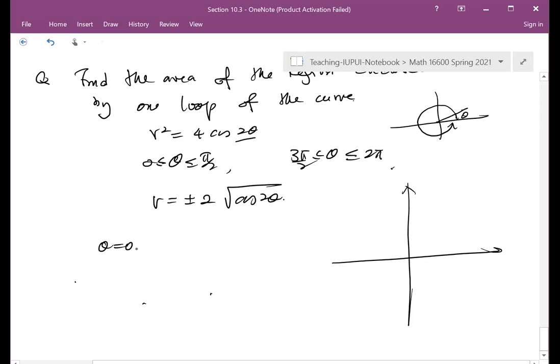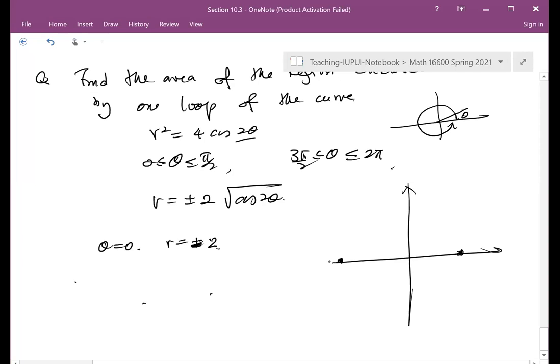When theta equals 0, cosine 2 theta is 1, so r is going to be plus minus 2. So one point is here, the other one is here. So you get 2 points at the same time.